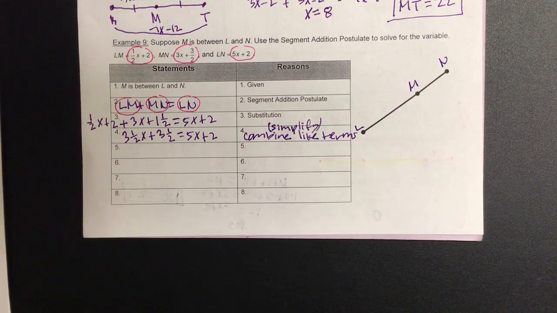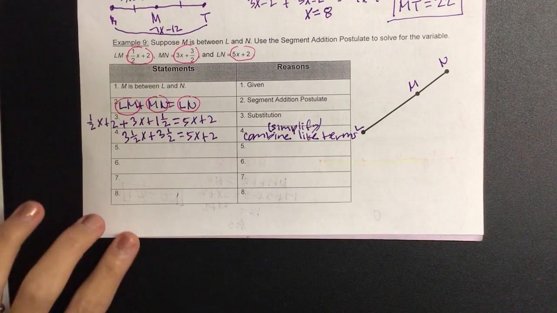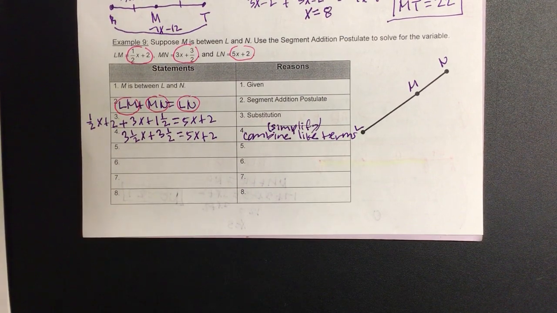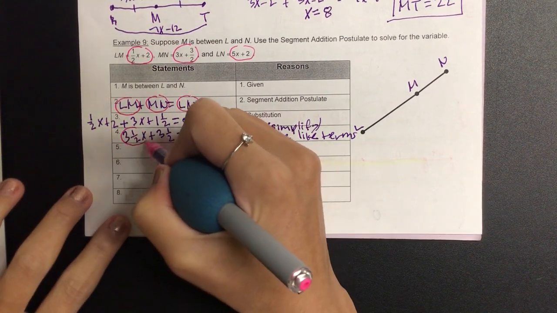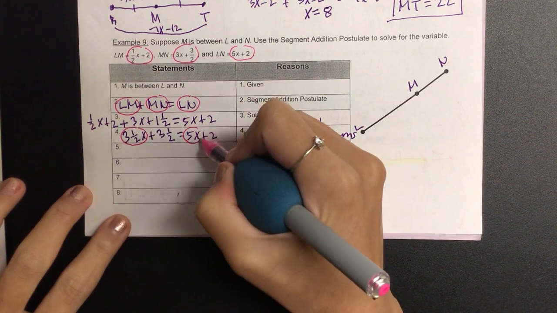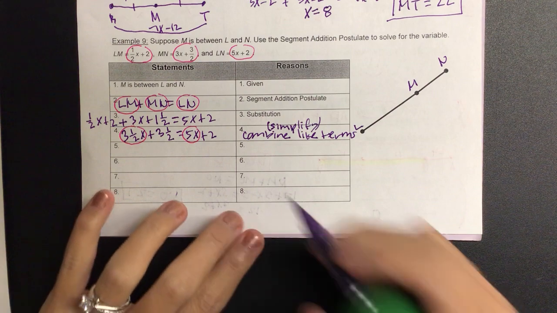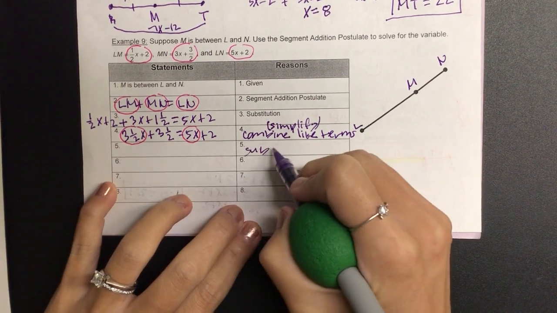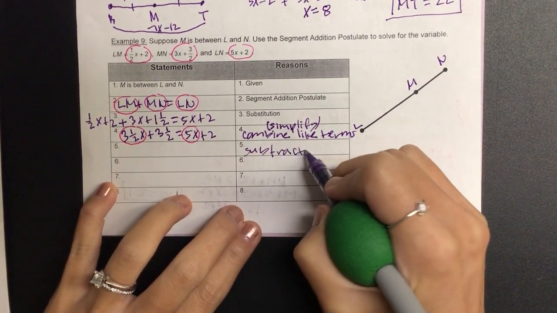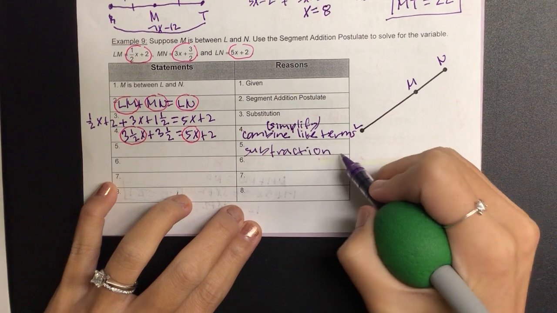Oh dear. So now that we combine like terms, we're going to subtract on both sides, right? Now, I think I want to subtract the variable first. So how about we move this one and subtract it with the other one that's like. So what operation did I just say that was? Subtraction. You cannot abbreviate subtraction because of the word substitution as well.